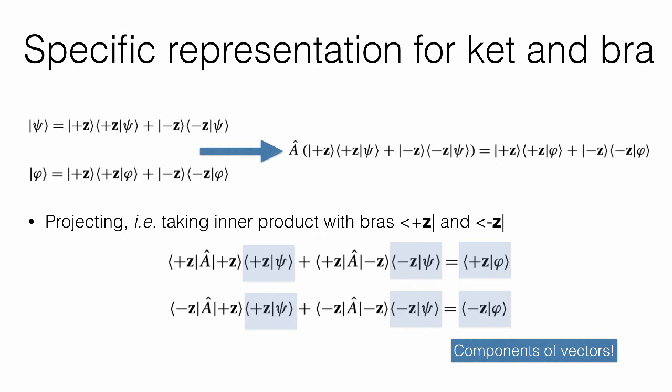Of course, we know that these are the components of the vectors. So for example, on the right hand side, we see the column vector that represents the ket phi in the plus z minus z basis, while we can build a column vector as well for the ket psi on the plus z minus z basis. And if we do that, we find that these two equations can be written in a compact form.